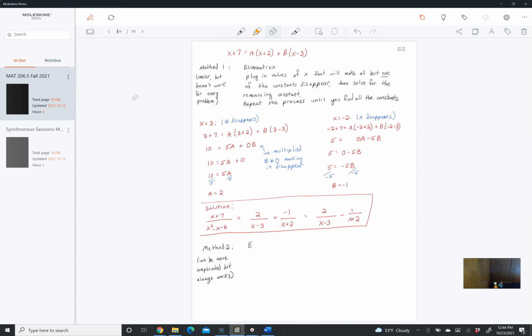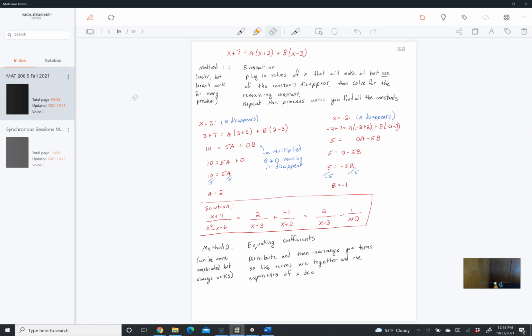And the second method is called equating coefficients. So what you're doing here is you're distributing, and then you're going to rearrange all of your terms so like terms are together and the exponents of x decrease.